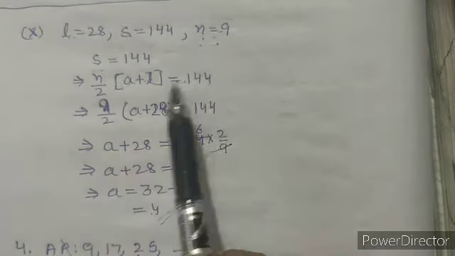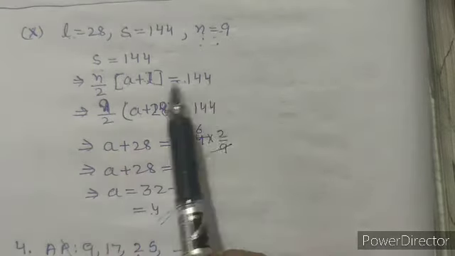Question number 9. If the sum of first 7 terms of an AP is 49 and that of 17 terms is 289, we have to find the sum of first n terms. Here the first term and the common difference are not given to us, so we will take the first term of the AP as A and common difference as D. The sum of first 7 terms was equal to 49, that means S7 will be equal to 49.